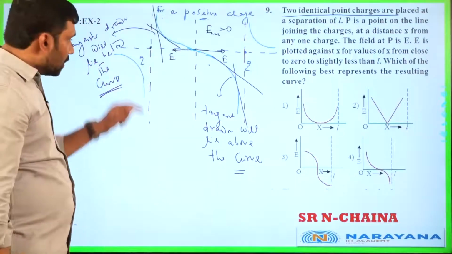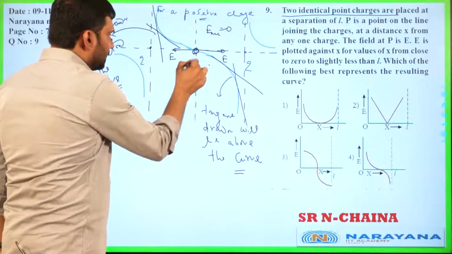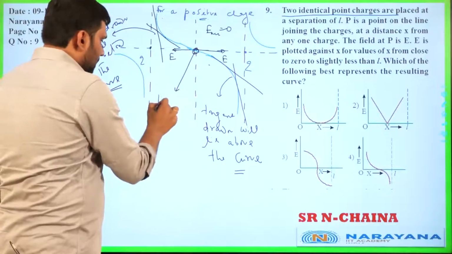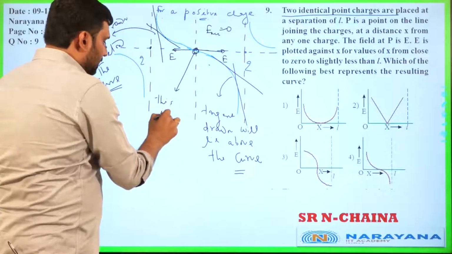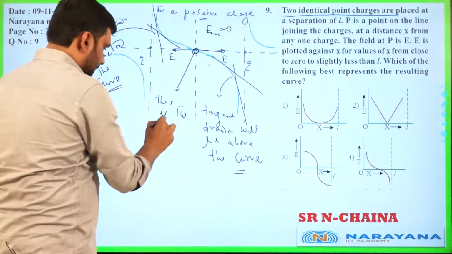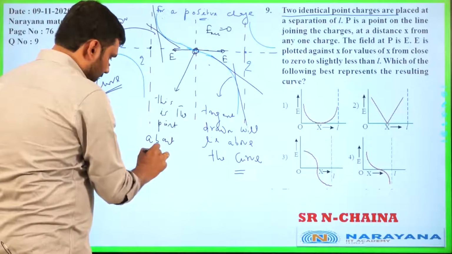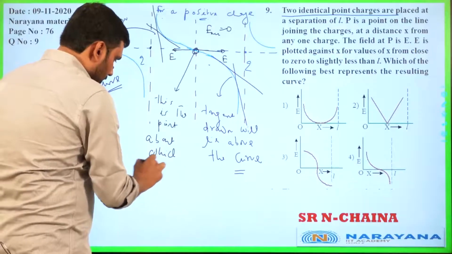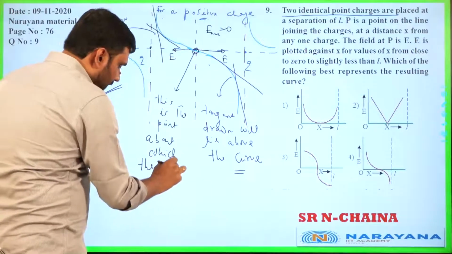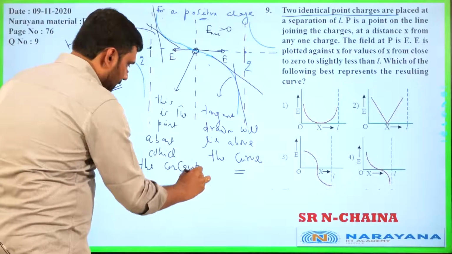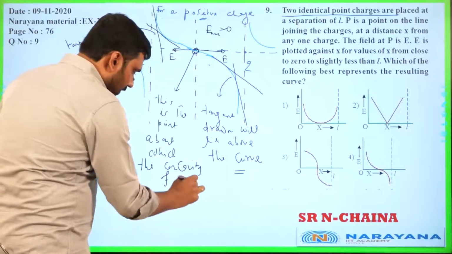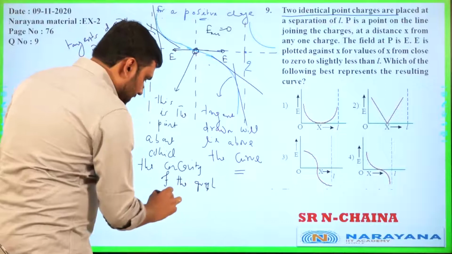So this is the point about which the concavity of the graph changes.